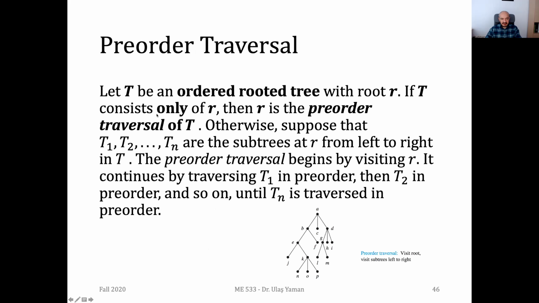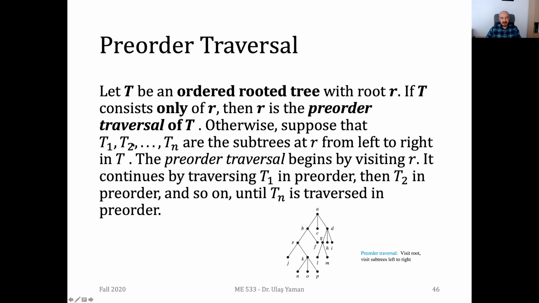I'm skipping the first part here. Maybe I will focus on it in the next one. The rule is that we first visit the root, and then the leftmost subtree, T1 in this case.